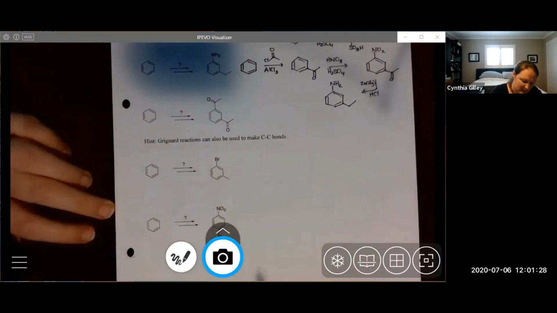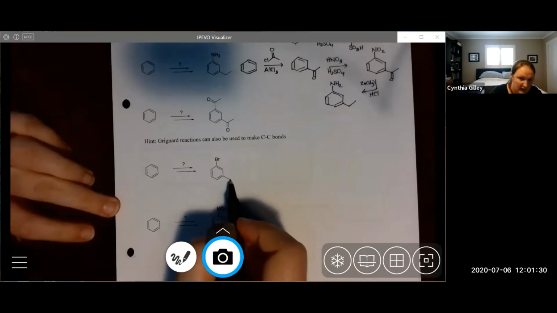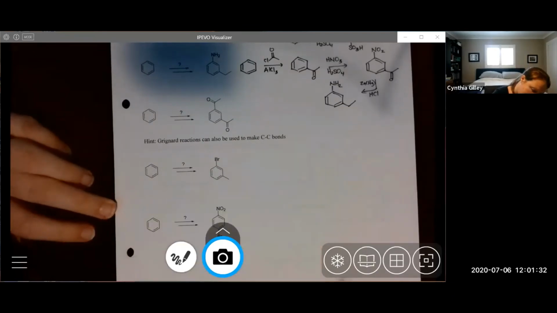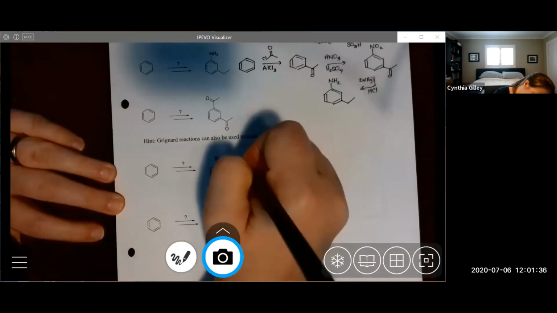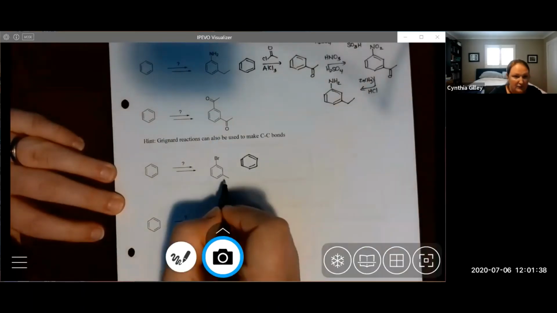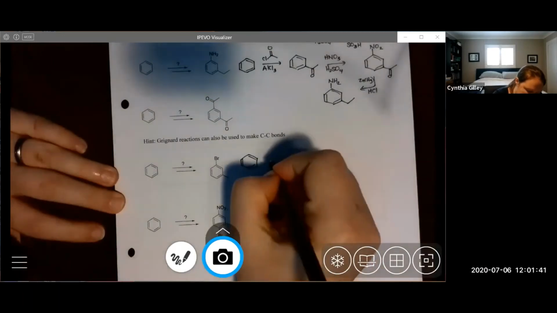But one of the things I can recognize is that if I had a carbonyl here, I could reduce it. So a strategy that I could use is to do, instead of an alkylation, introduce the methyl group, I could do an acylation.